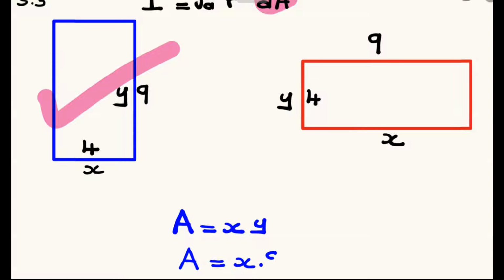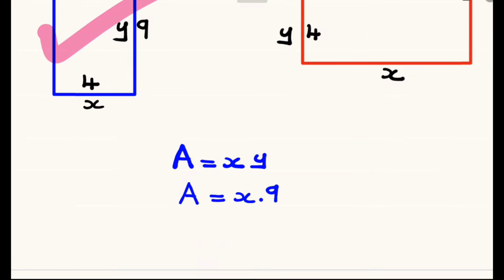So we have A is equal to x multiplied by 9, and we differentiate the area with respect to x. So the derivative of the area with respect to x will be equal the derivative of the x, which is equal to 1 multiplied by the 9. 1 multiplied by 9 is equal 9.